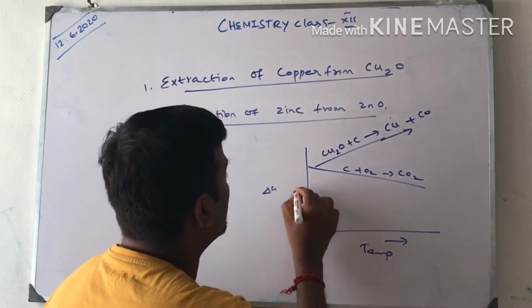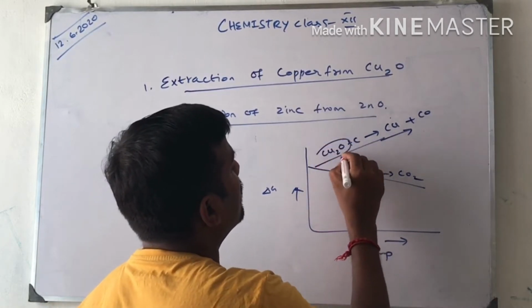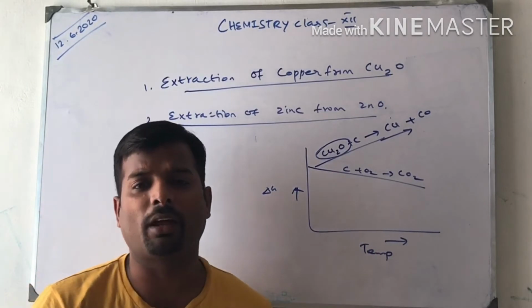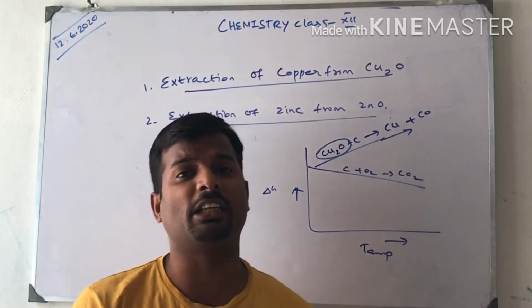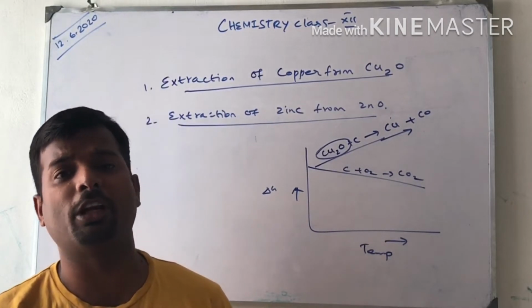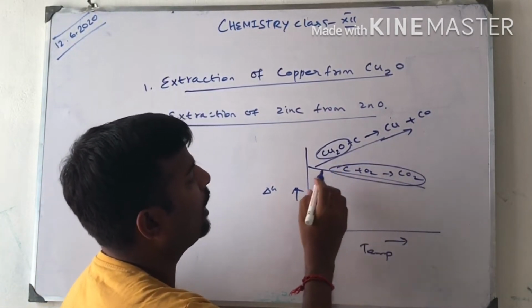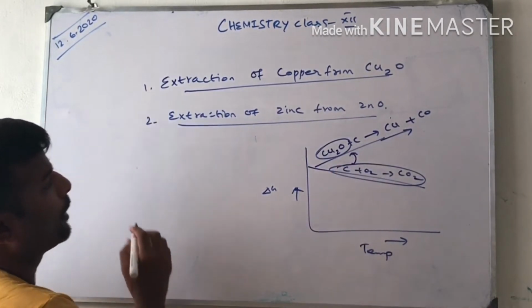In the diagram, copper is present at the top, so these metal oxides are highly unstable and can easily be reduced by a suitable reducing agent. Here the carbon is present at the bottom, so it can easily reduce the copper oxide.